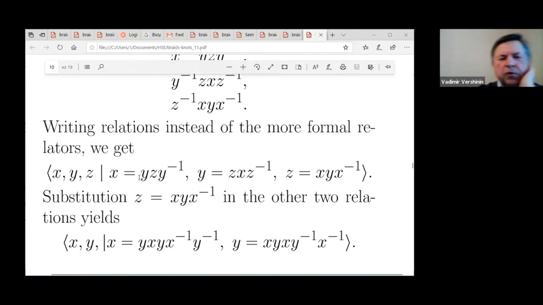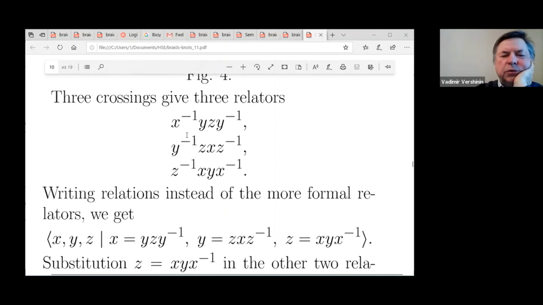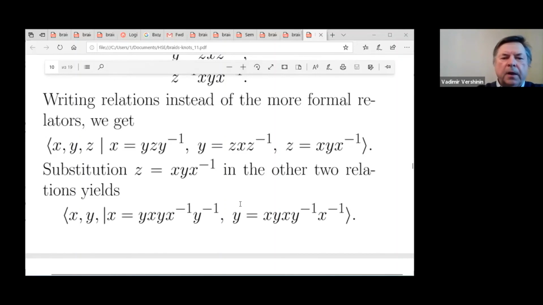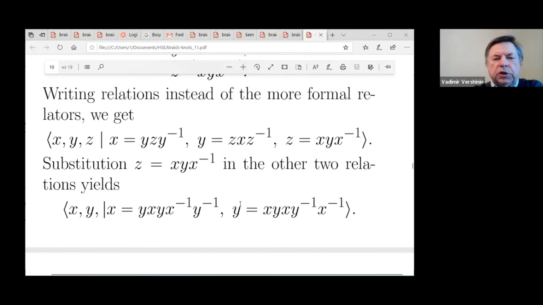So this is the form that I usually write down. You see that X is equal to Y, Z, Y minus 1, Y is equal. So how do we operate?